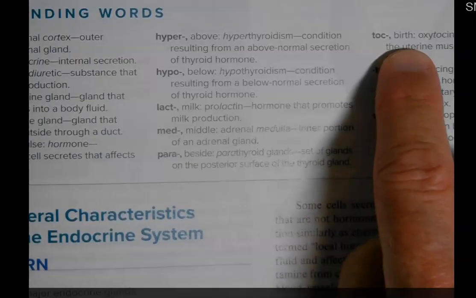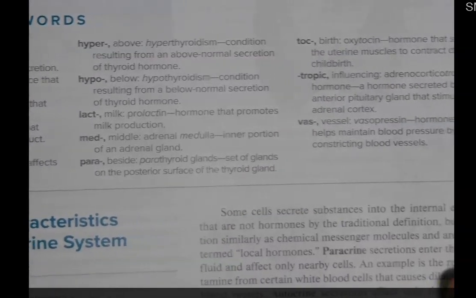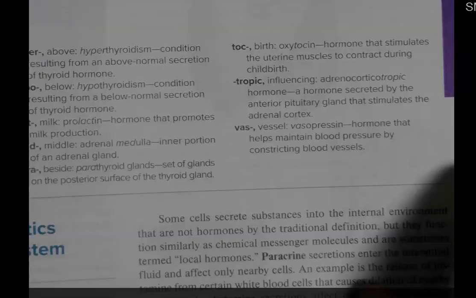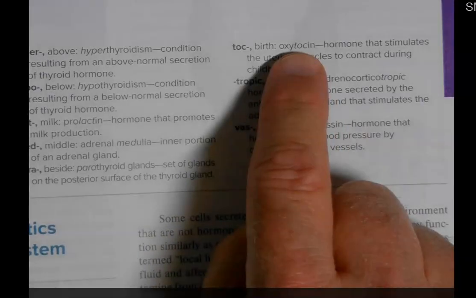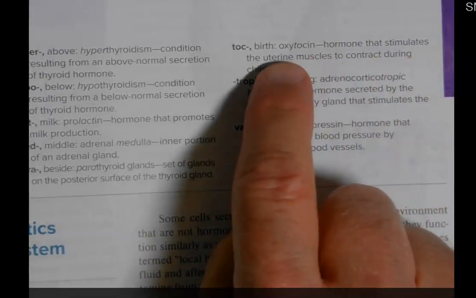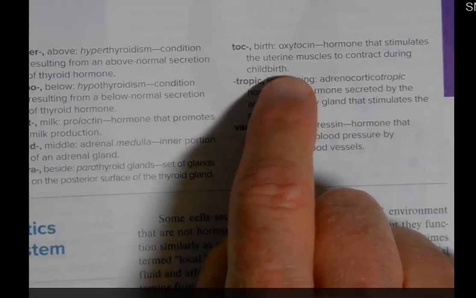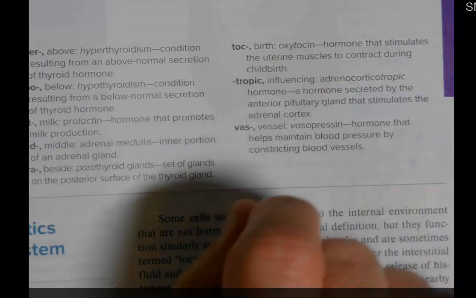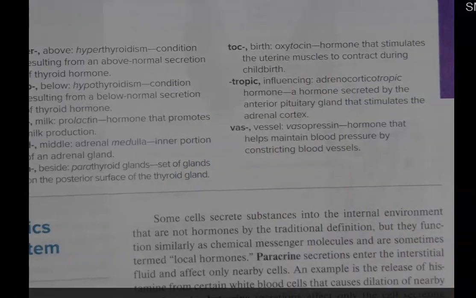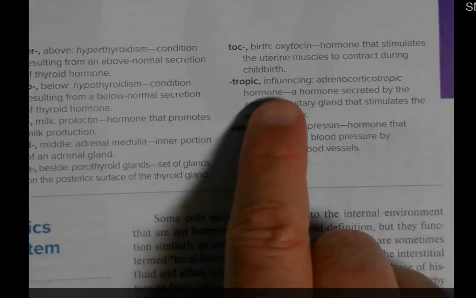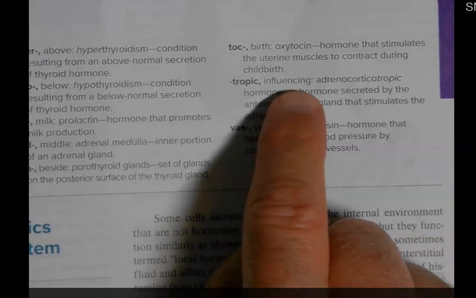Toc refers to birth. We're going to learn about a hormone called oxytocin that stimulates uterine muscles to contract during childbirth. That's not the only thing oxytocin does, but that's where it gets its name. Tropic is influencing.